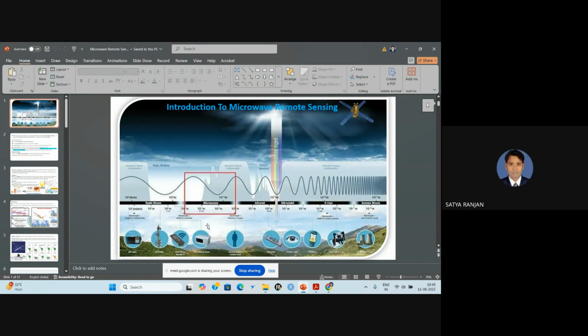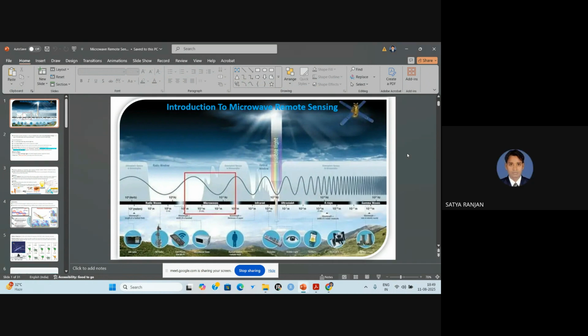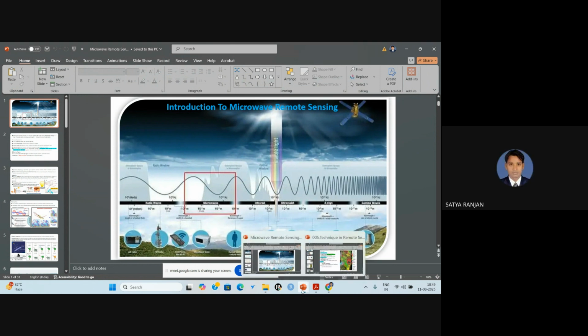But microwave remote sensing, excuse me, sir, can Mr. PVSA mute because I think there is noise? Yes, Mr. PVSA, can you mute because there is this noise? Just a second. Okay. Can Mr. PVSA be muted? The participant can be muted because I think there is noise from his side. Okay.